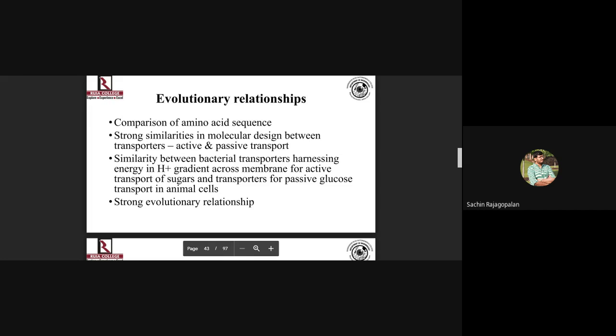Okay, so at the cell biology level also, several times when you look at the transporters, when you look at the cellular components, you realize that indeed the theory of evolution is very much true. We all come from the same ancestry. And this is not just at the molecular level, at the DNA level, or at the protein sequence level, but several times the design of the cellular structures also makes you believe this fact.